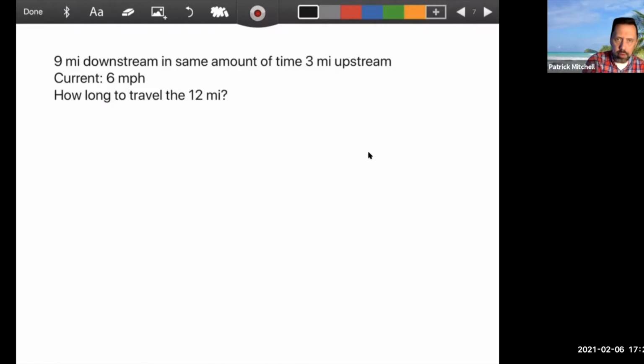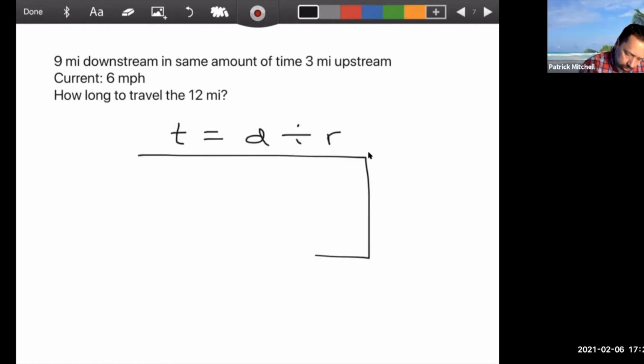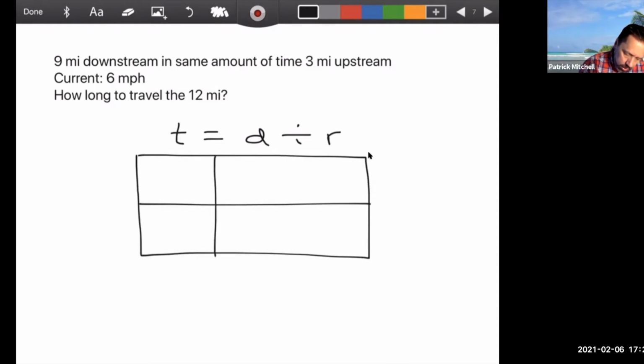Here's how I like to do these. I take my formula t equals d divided by r, and I write it across the top of a chart. Now remember, typically these problems have a trip that takes place in 2 parts.